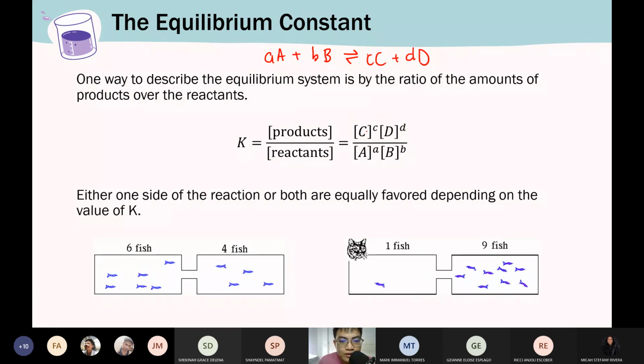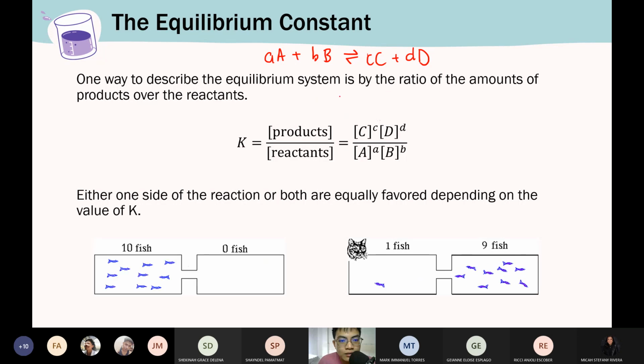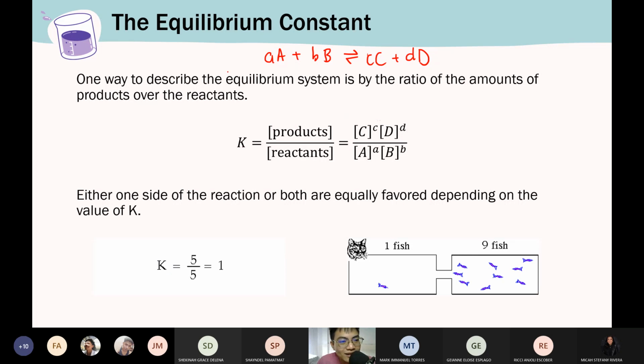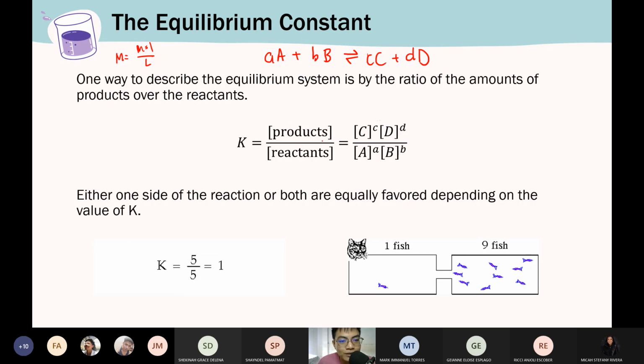So, ganun yung products. No? So, C raised to C, D raised to D. And then we divide that by reactant, A raised to A, B raised to B. Molarity. Molarity is mole per liter. Okay? Do not forget. Okay? So, yan. So, molarity yung ating gamit, no? Okay.